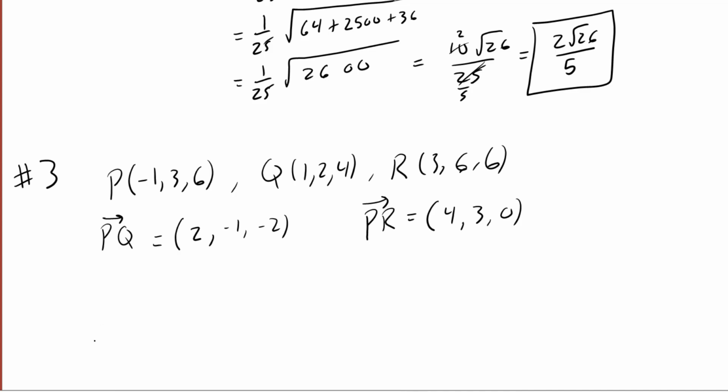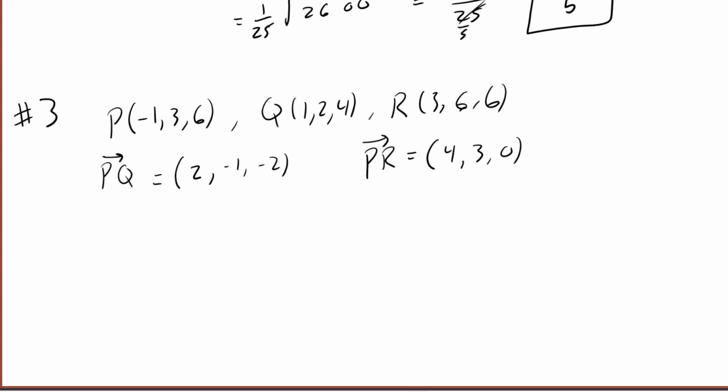Okay, so to get the normal for the plane, both of these vectors right here lie in the plane, okay? So if here's these 3 points, I found PQ and PR, right?